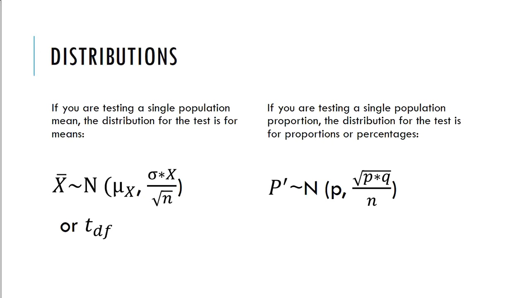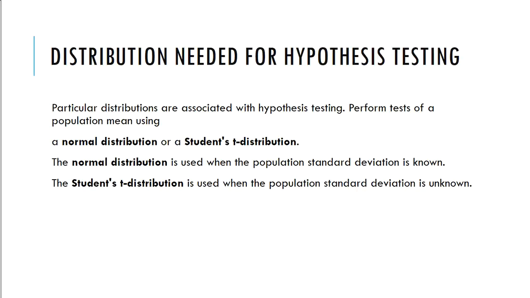I know it doesn't make a lot of sense right now, but we're getting there. And if you're testing a single proportion, then the distribution of the test for proportion is P prime tilde N, where in parentheses is P, and then the square root of that. So there are 3 different types.